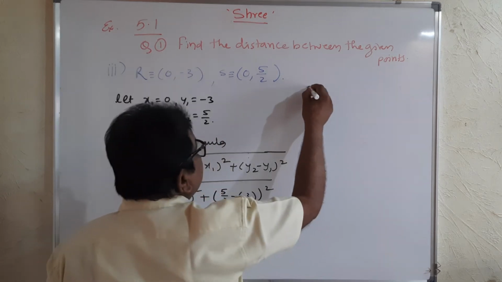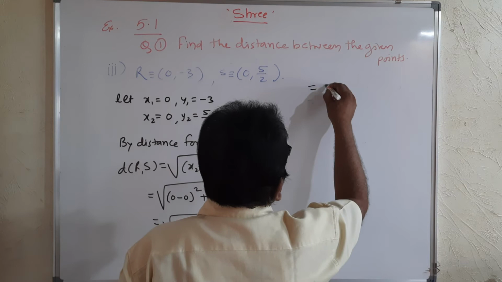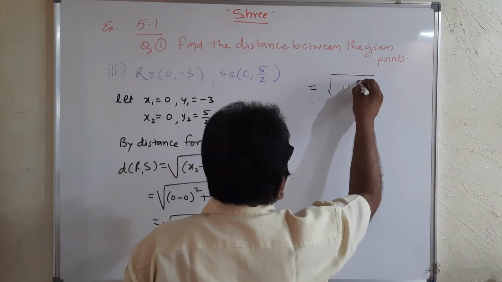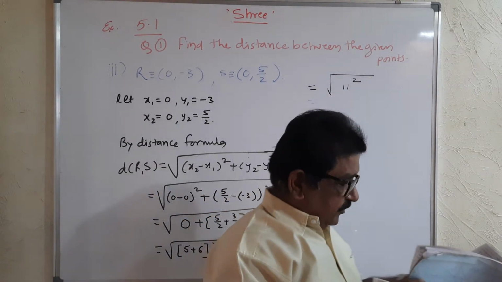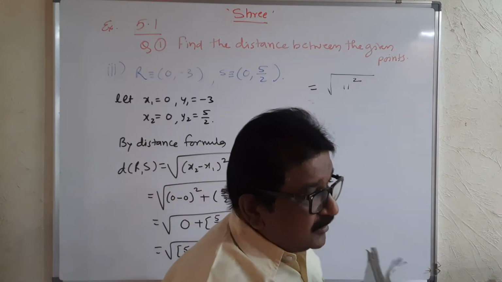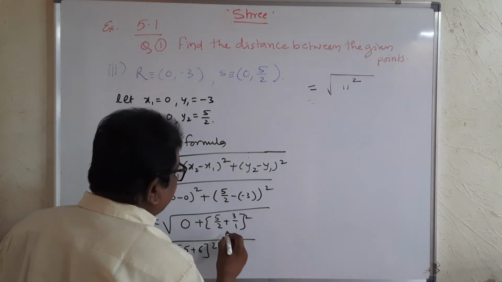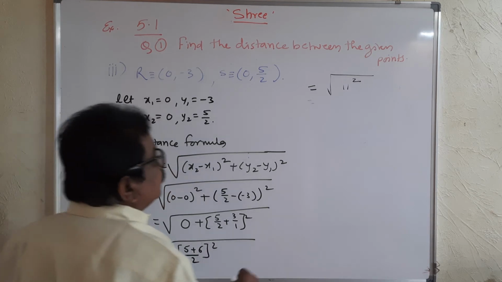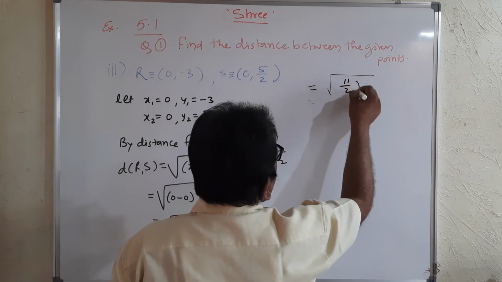So there will be 5 plus 6 the whole square, under root 11 the whole square. And the cross multiplication term definitely you will forget is 2. So 11 upon 2 the whole square.